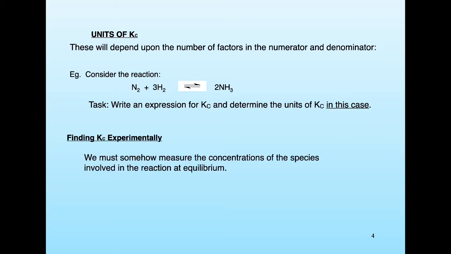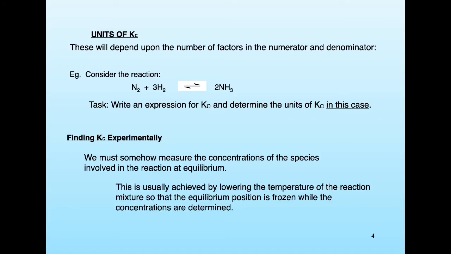Okay, if we want to find out what Kc is for a given experiment, a given reaction, then we have to have some way of finding out the concentrations of the species once equilibrium is reached.